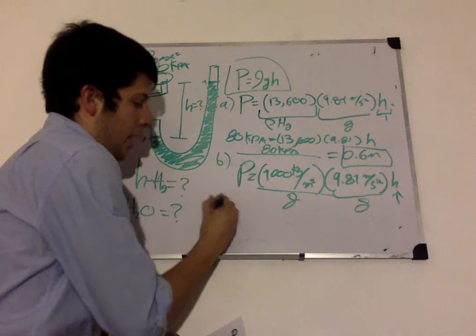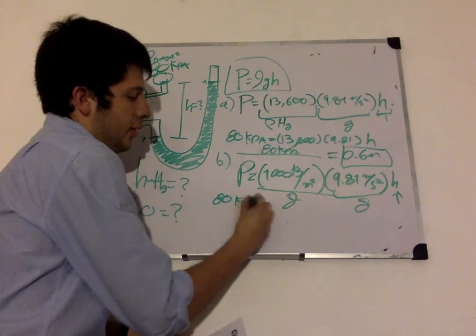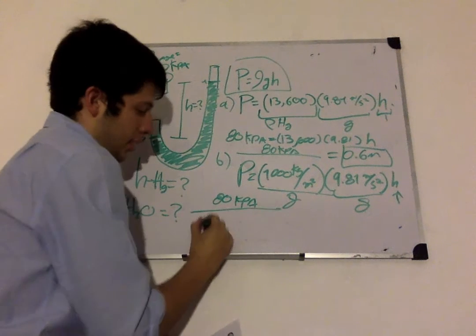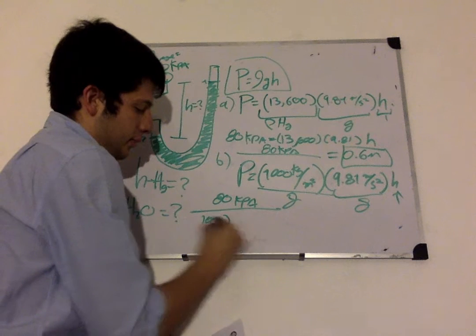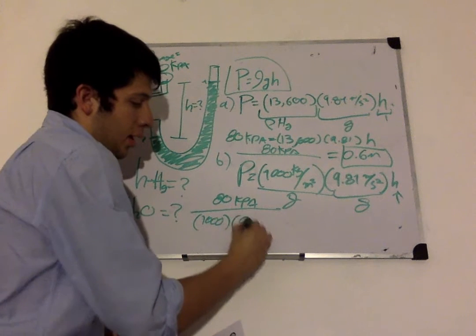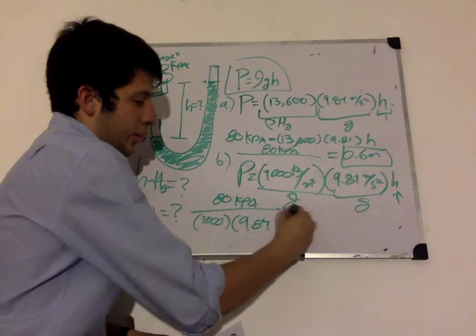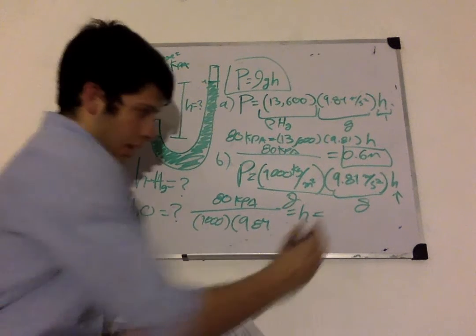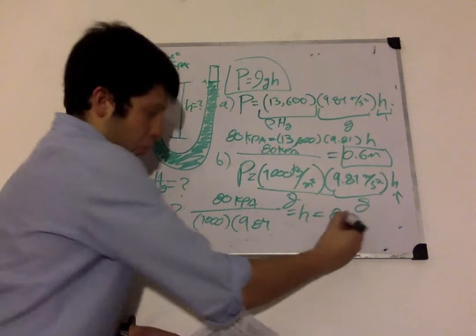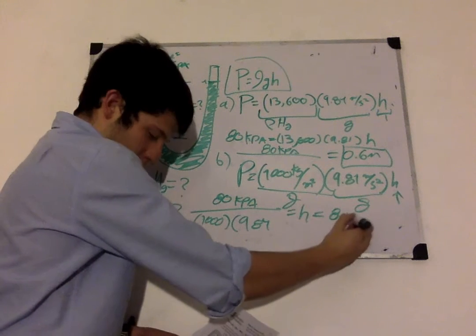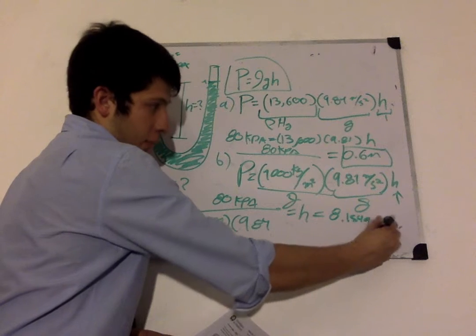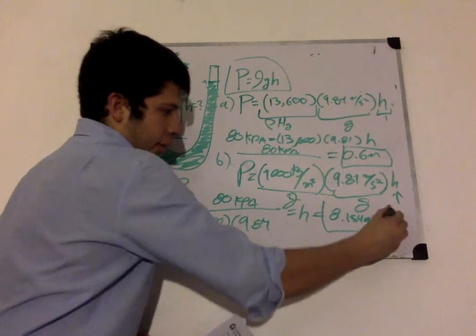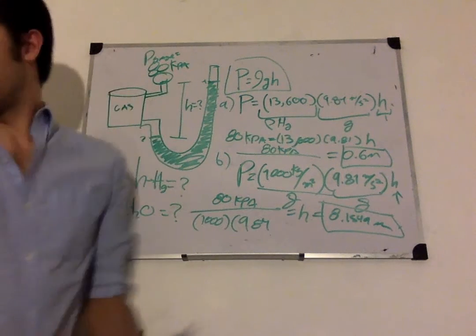So now we have 80 kilopascals divided by 1,000 by 9.81. That's equal to H, and that gives me 8.1549 meters. So this is the answer to the second part of the problem.